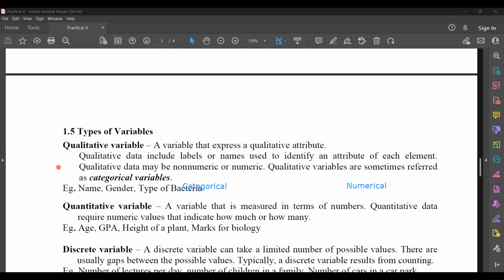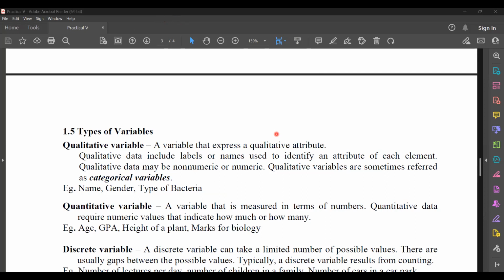Okay, now let's start with categorical variables, or sometimes they are called qualitative variables, right?